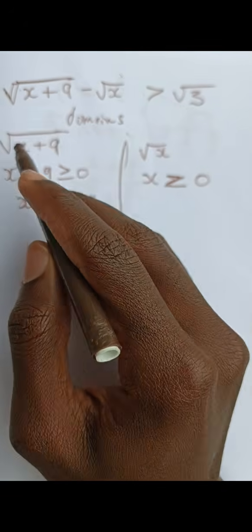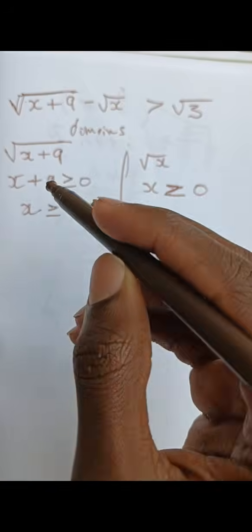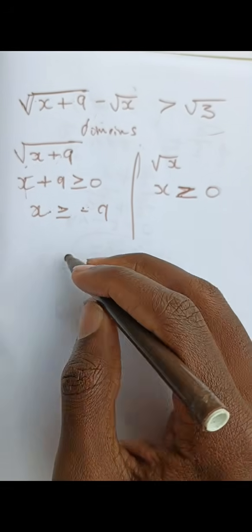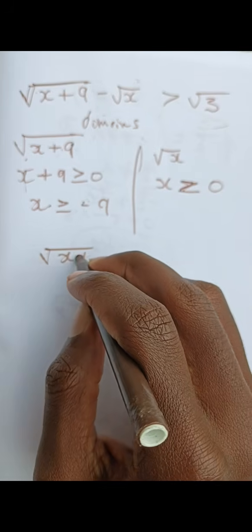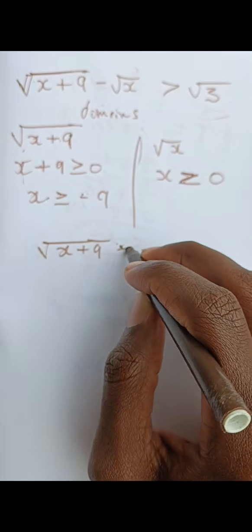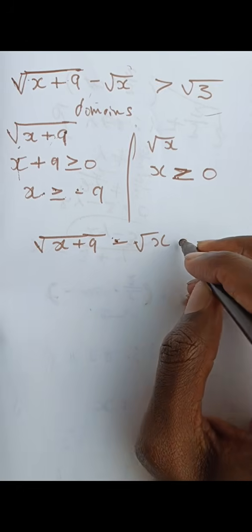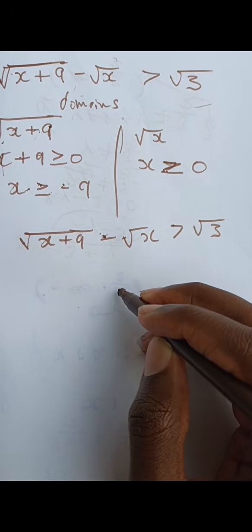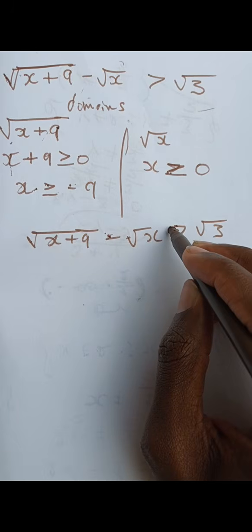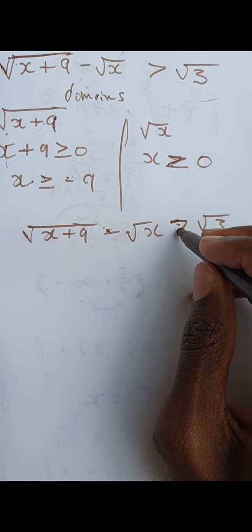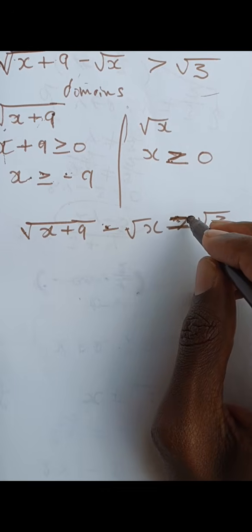Then I'll now solve for x using the initial inequality given. We have square root of x plus 9 minus square root of x greater than square root of 3. Only for this part where I'm solving for x, I will replace greater than with an equal sign.